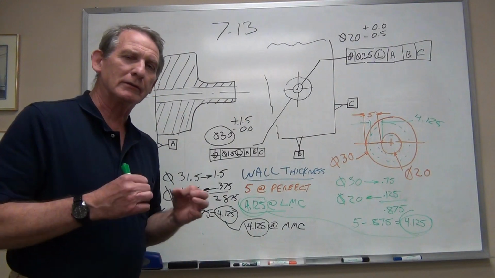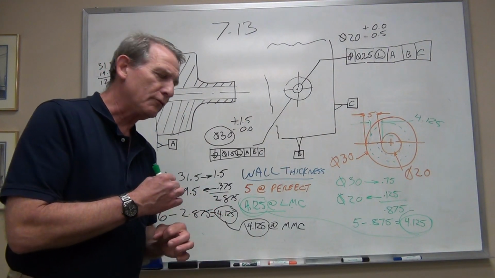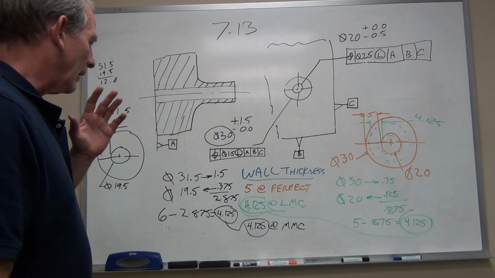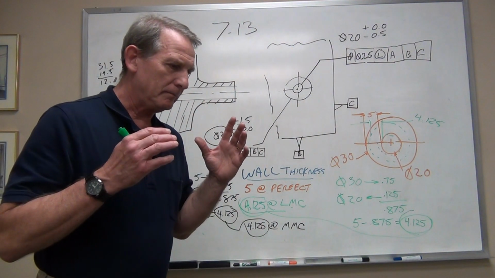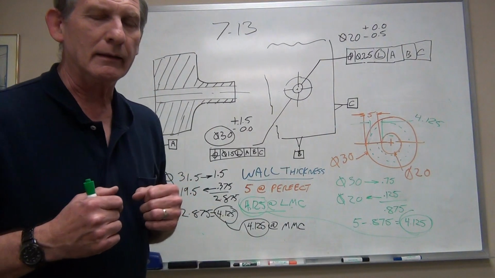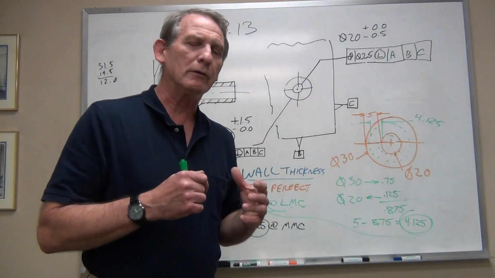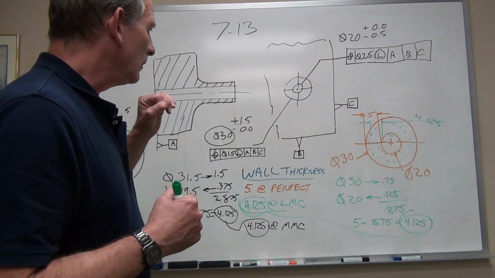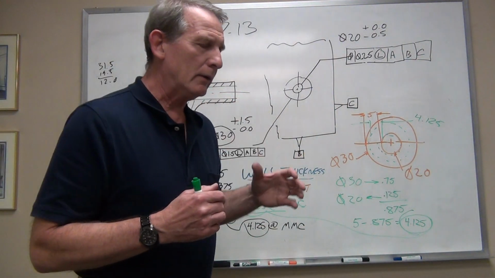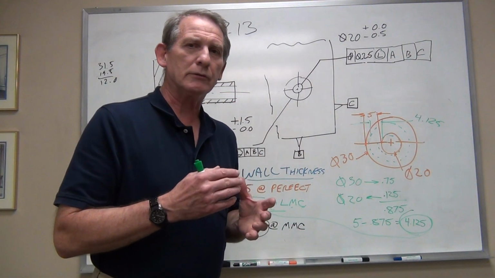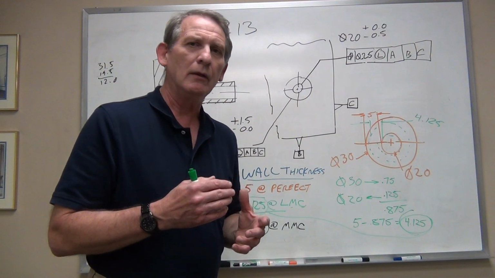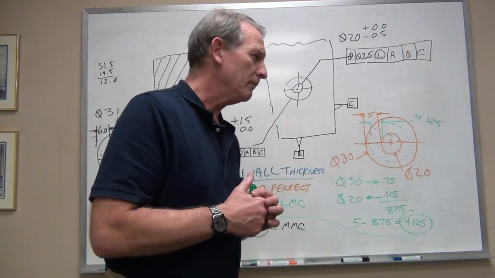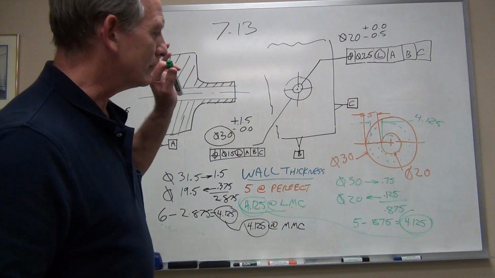Even though the bosses got bigger, they were allowed to move further. And the net result is that no matter what state the material condition is in the boss, by allowing the tolerance zone to adjust based on that material condition, we can guarantee a minimum wall thickness.